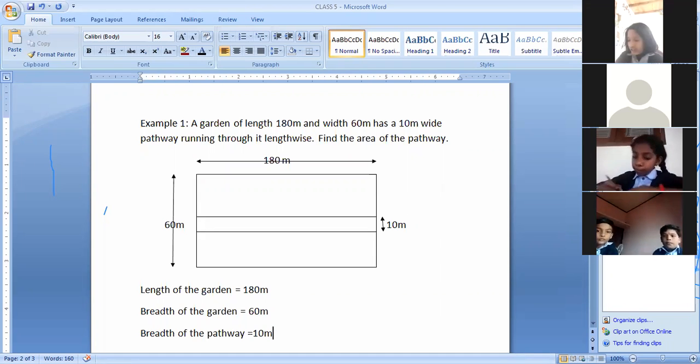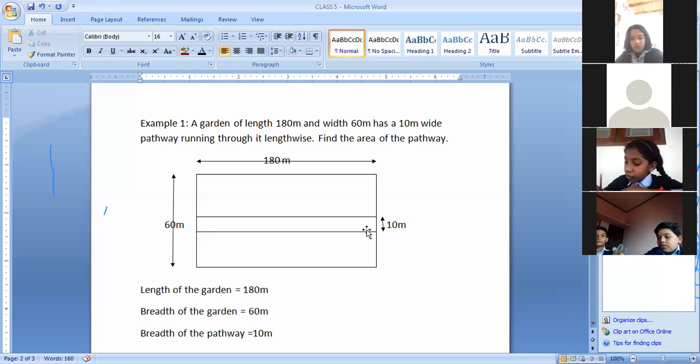In this question, we were asked to find the area of the pathway only, right? They have not asked about the garden, but the length and breadth of the garden are specified, right? In the case of the pathway, we have been given the breadth of the pathway. This is the breadth. Clear? 10 meter.